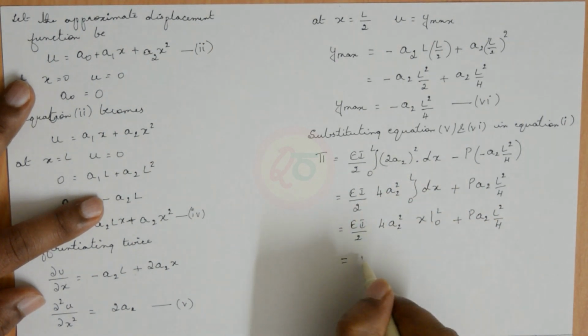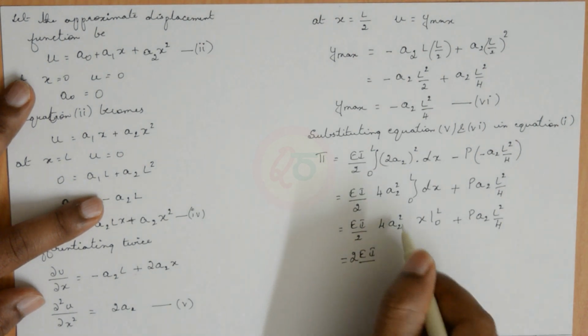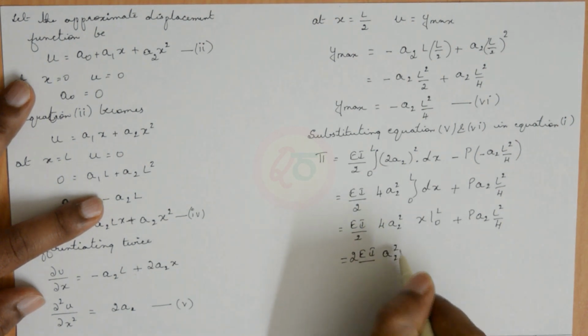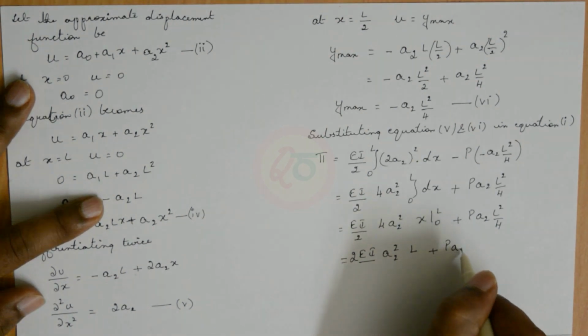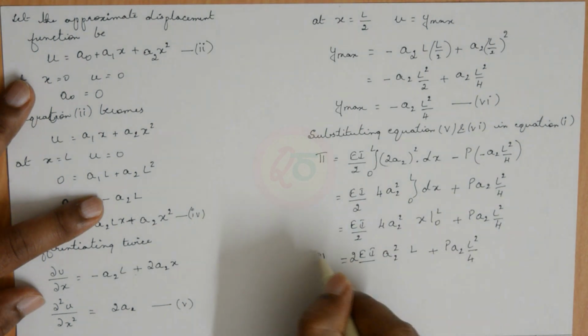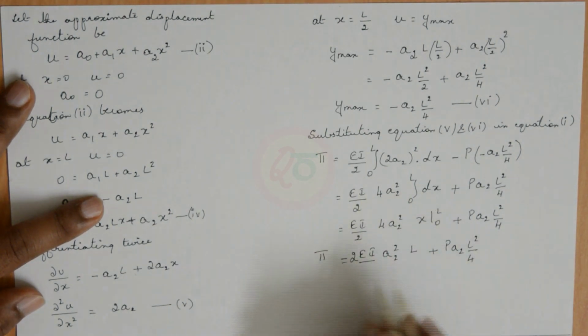Applying the limits, EI by 2 times 4, or 2 EI a2 square into L plus P a2 L square by 4. This is the potential energy pi.